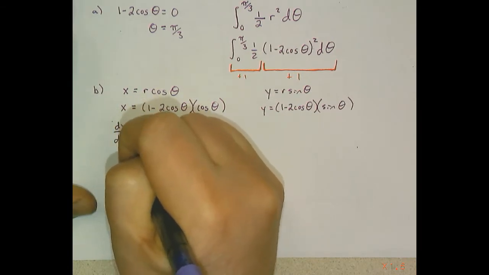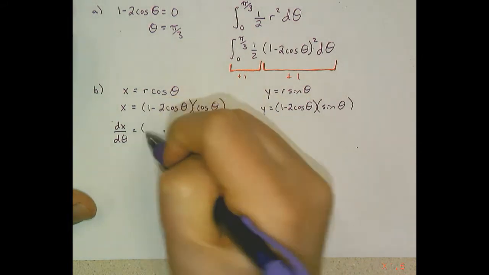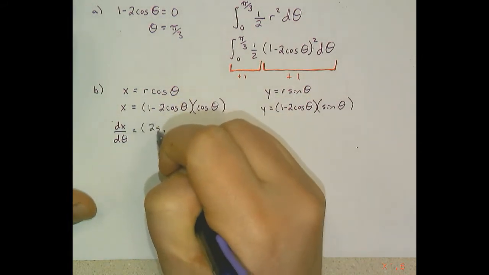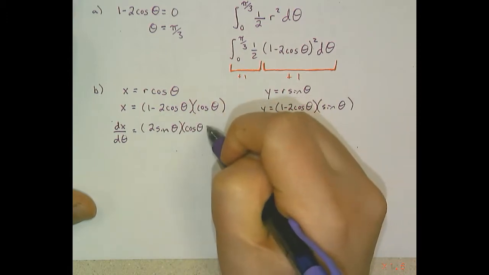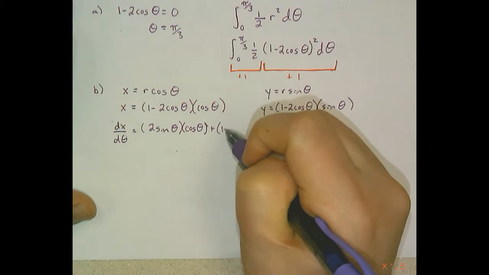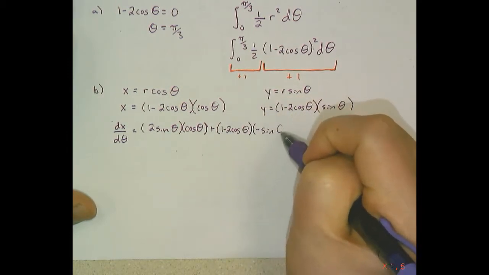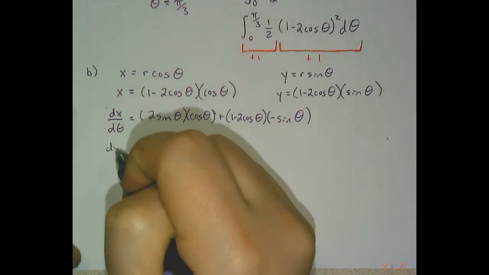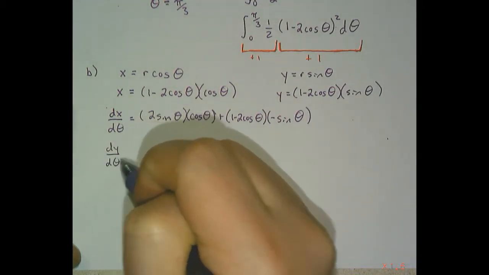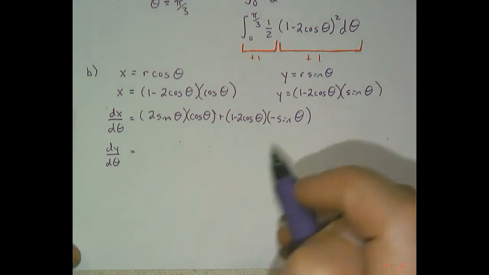Dx d theta is equal to 2 sine theta times cosine theta plus 1 minus 2 cosine theta times negative sine theta. And then we need to find dy d theta in terms of theta. Again, this is a product, so we'll need to apply the product rule.